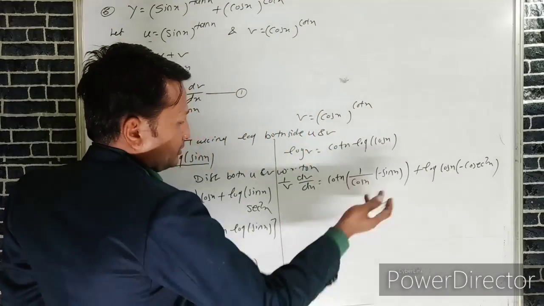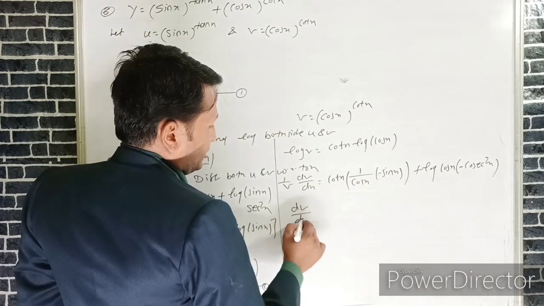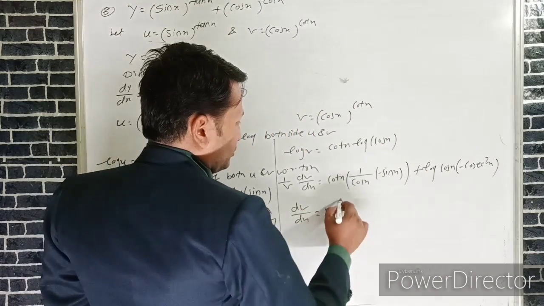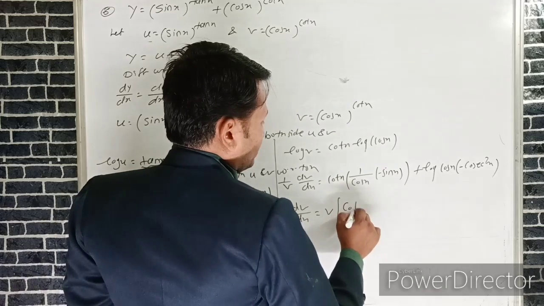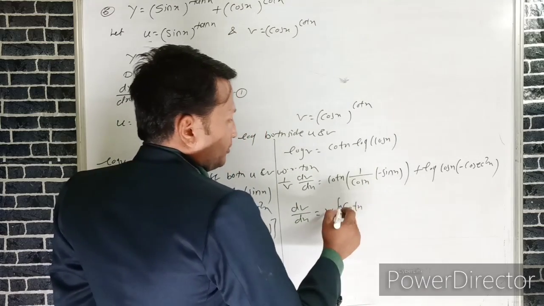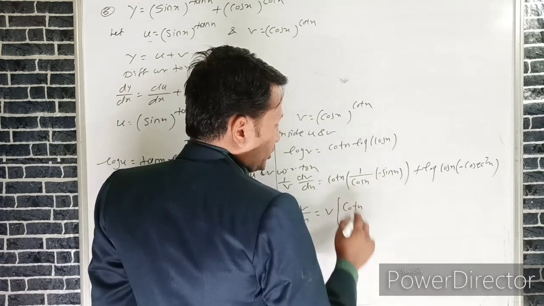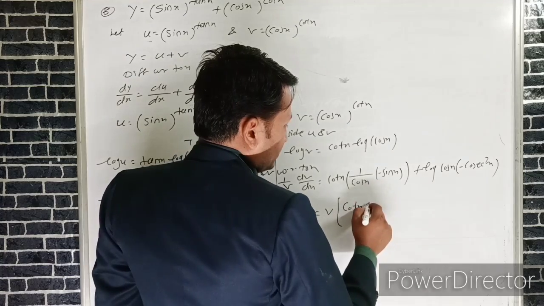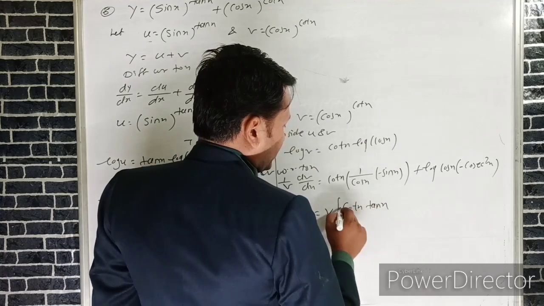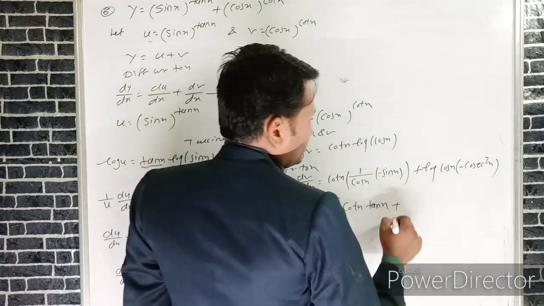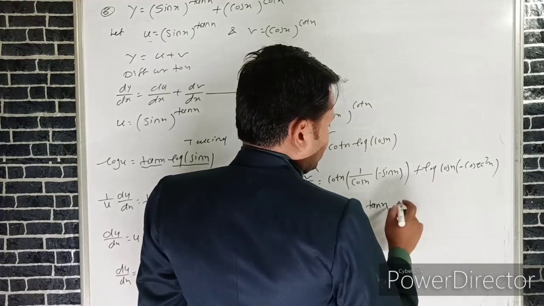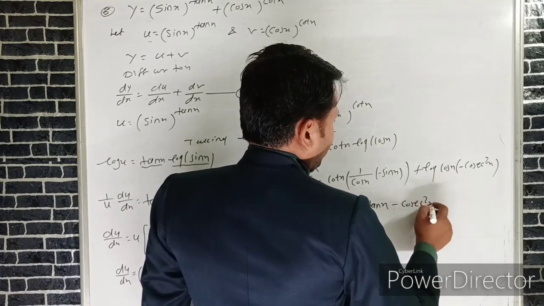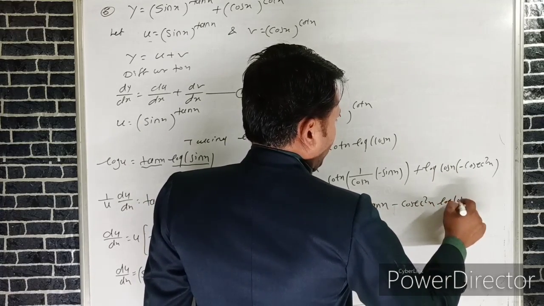Here if we shift v to the right side, then we can write v into cot x into minus of sin upon cos, which means tan x, with a minus sign, plus minus cosec square x into log of cos x.